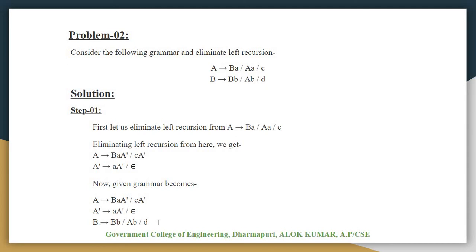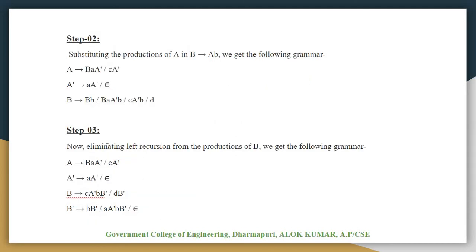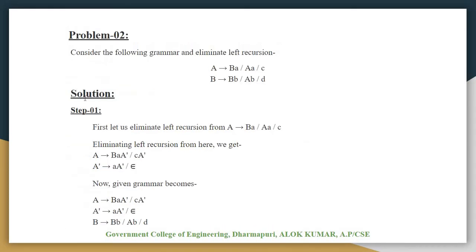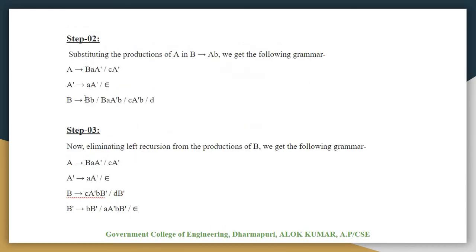In the next step, B will generate B B, and this A we have replaced with B A dash C A dash, and B is already there from the second step. After that, in the third step, we eliminate the left recursion here and here.